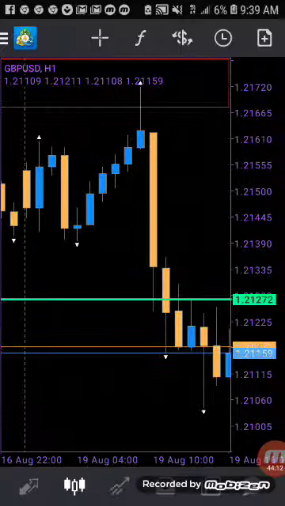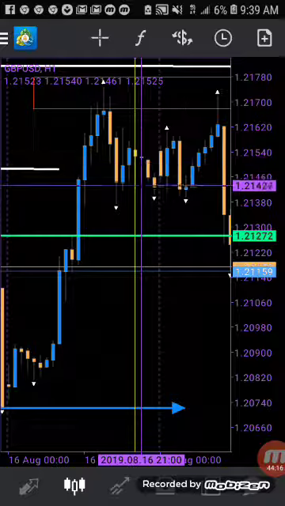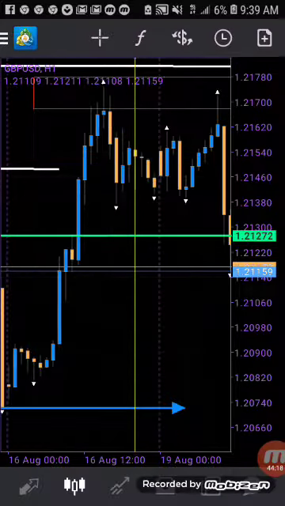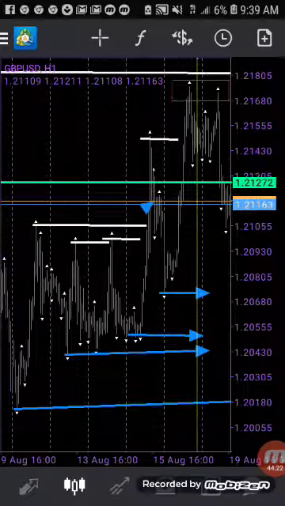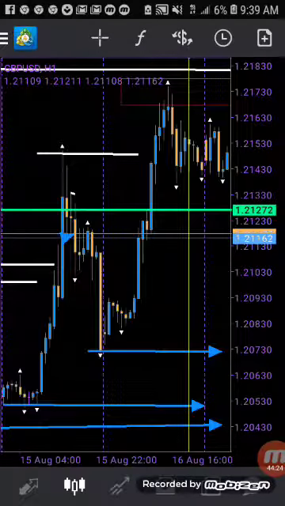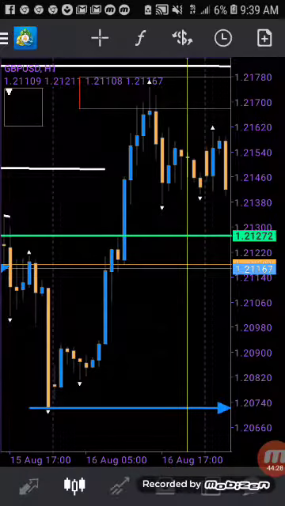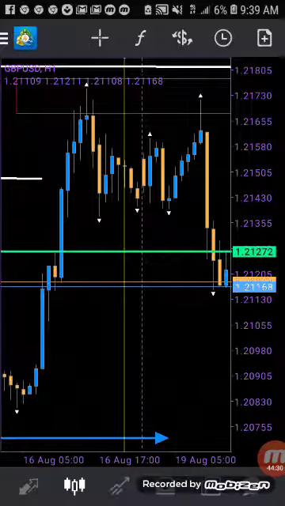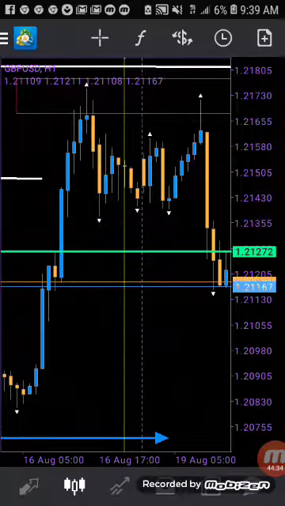Go down to the hour time frame and just see. All right. Zoom out. Looks like I'm at the accumulation phase, distribution phase. I'm at the top. Where's my floor?